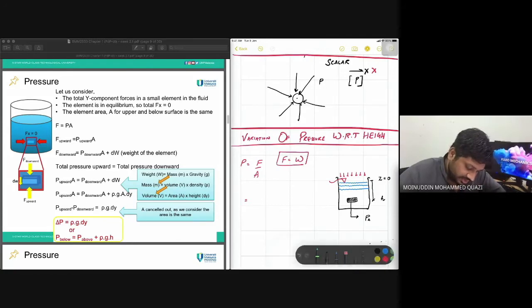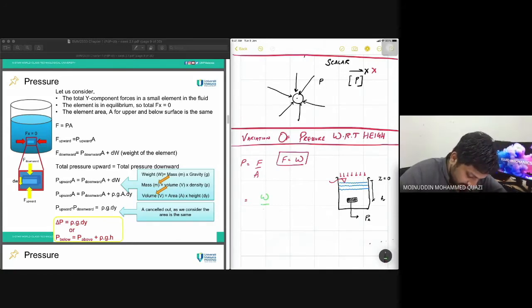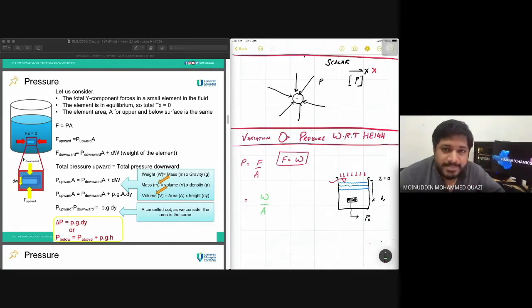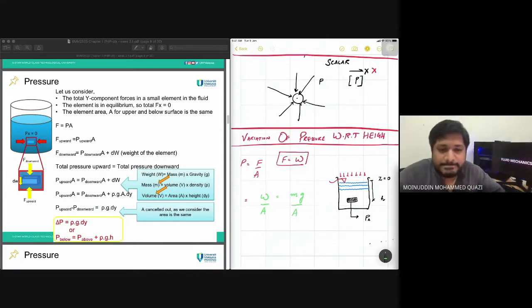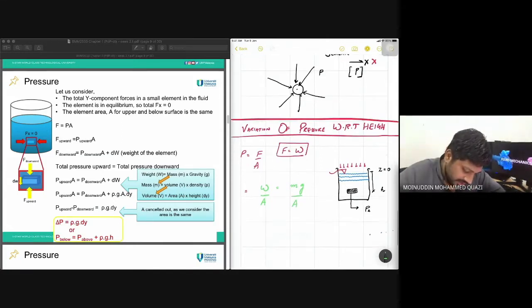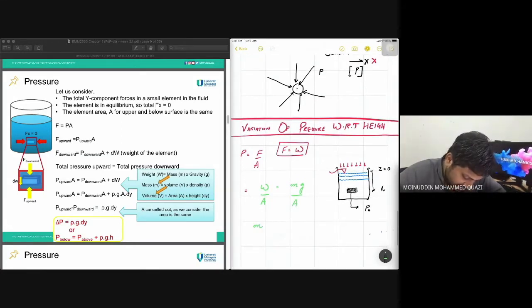So pressure equals W over A. What is W? The formula for W is mg, mass into gravity, whole divided by area. What is mass? Density is equal to mass per unit volume, so mass is equal to density multiplied by volume.